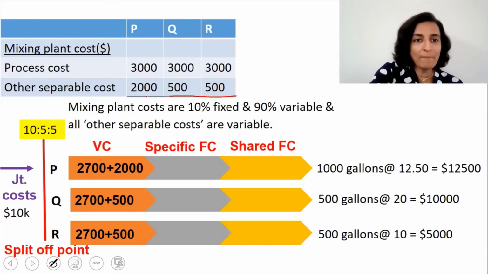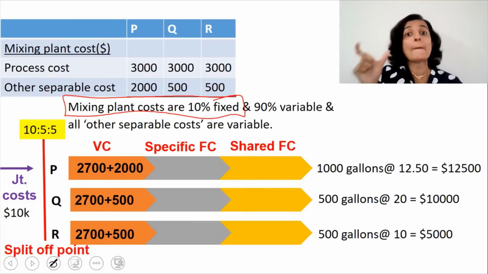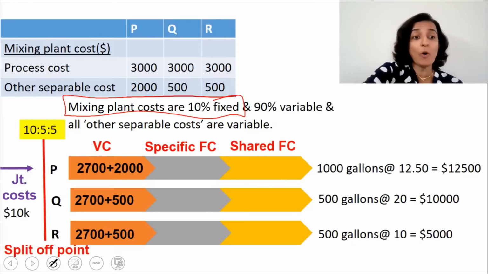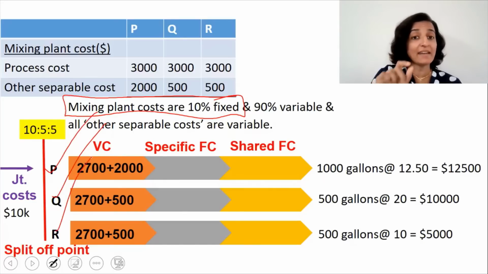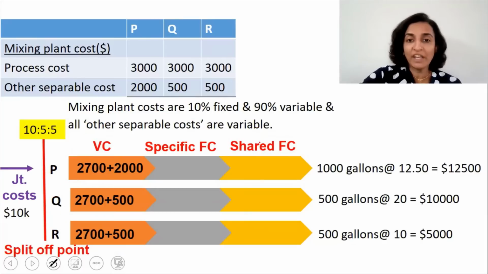They are telling you mixing plant costs are 10% fixed. The mixing plant is being used for product P, Q, and R, which means that the 10% fixed cost relating to the mixing plant is a shared fixed cost. It is not specific to any particular product. So we will have to include it under shared fixed cost.